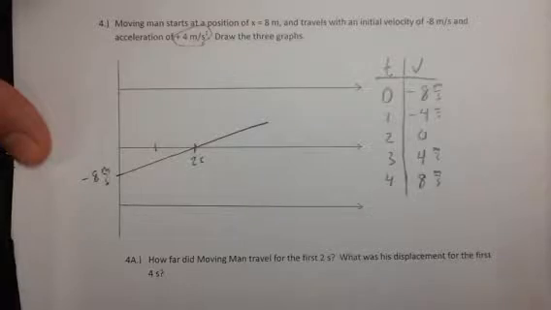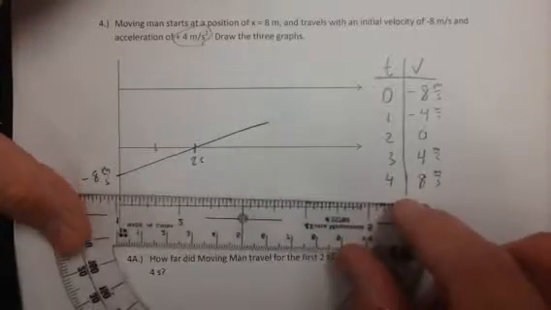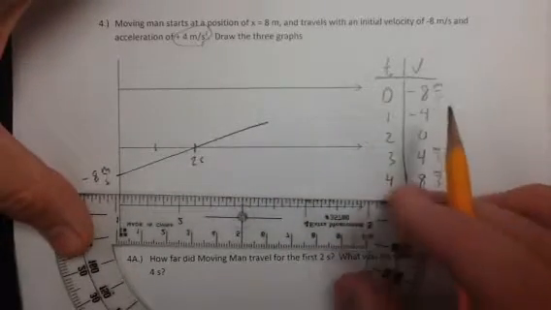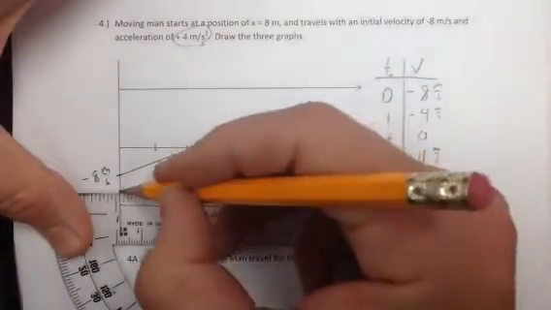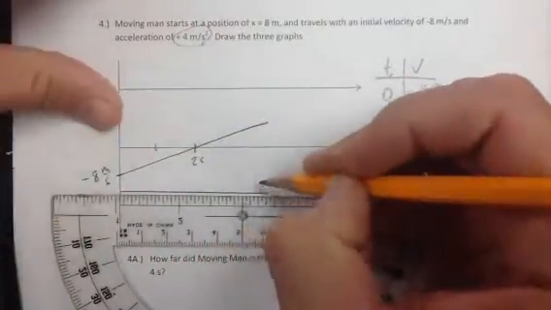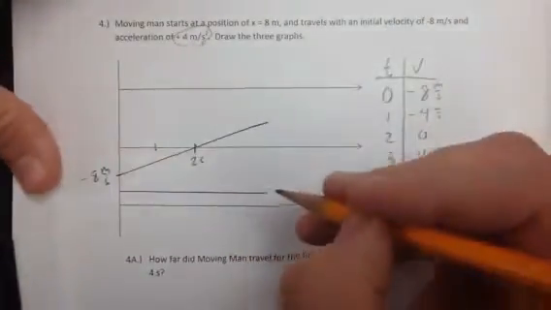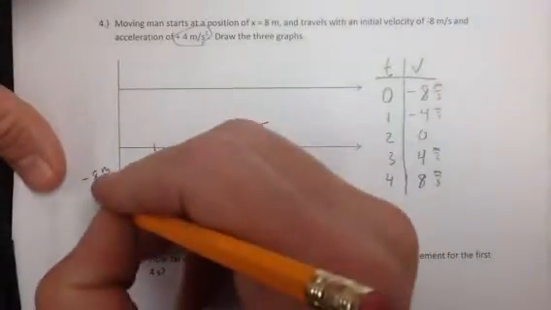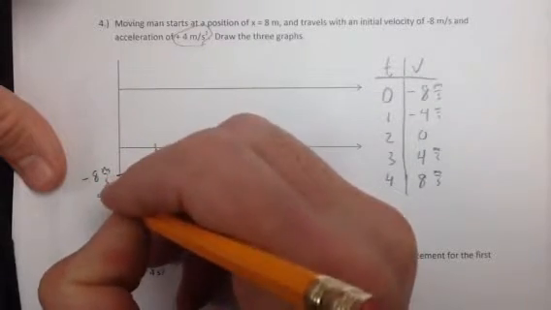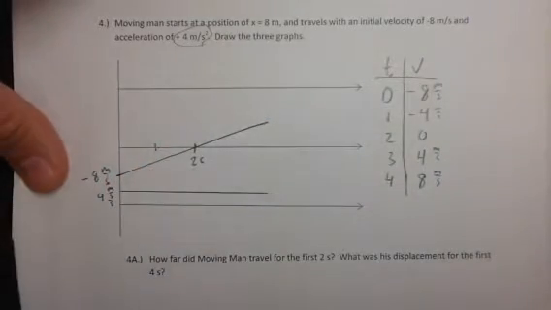That acceleration is constant, which means we can graph that very easily, just like that. A constant 4 meters per second squared.